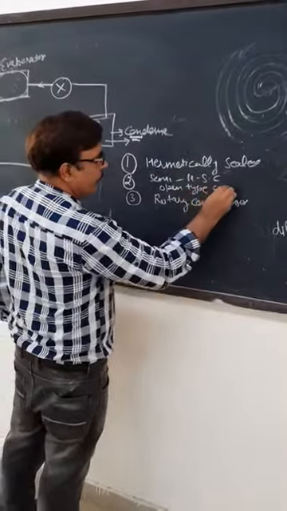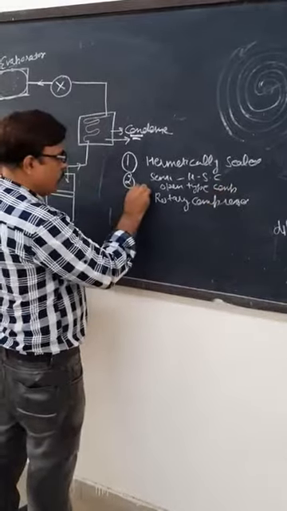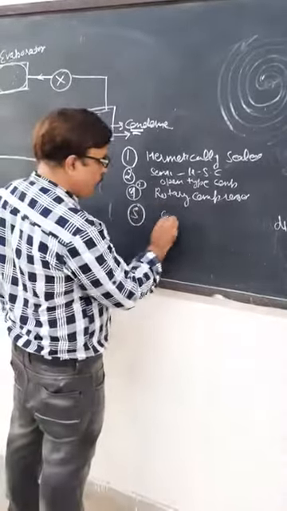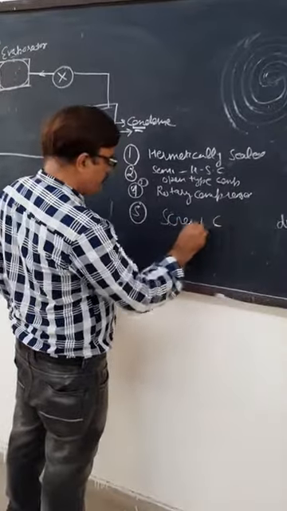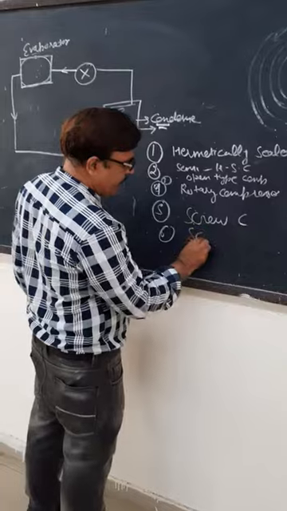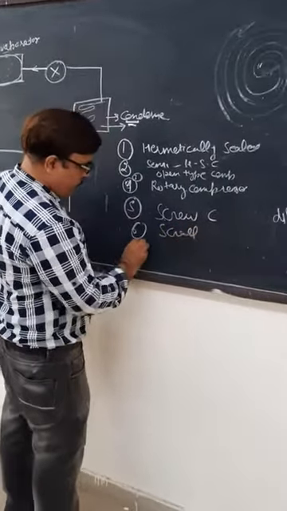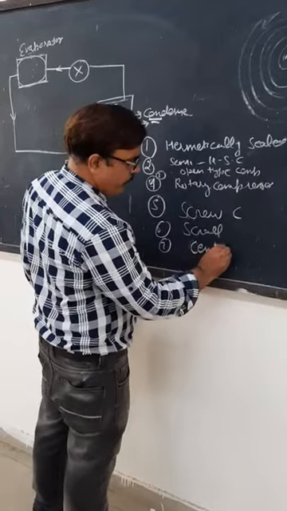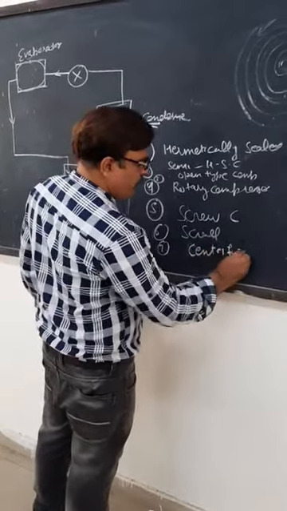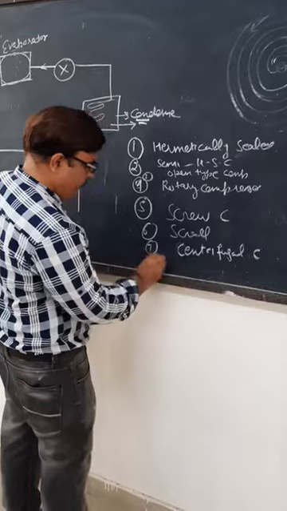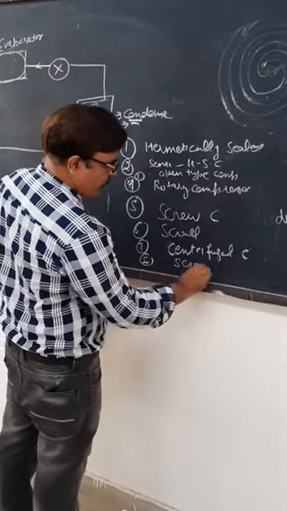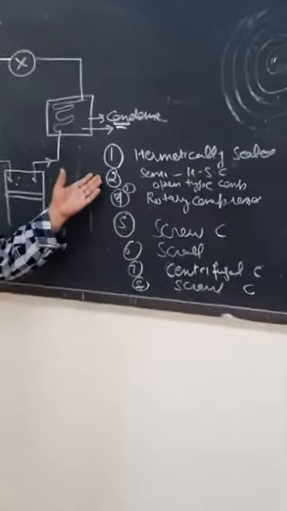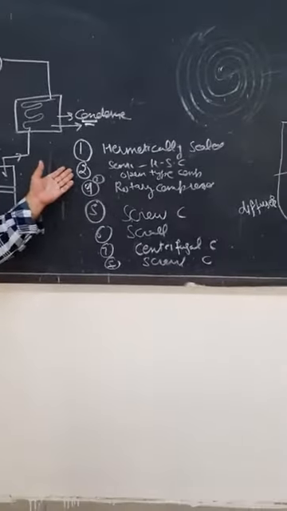Then we have the rotary compressor, the screw type compressor, the scroll type compressor, and the centrifugal type compressor. So we have different types of compressors which are used for refrigeration and air conditioning purposes.